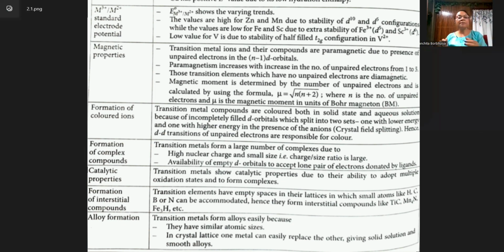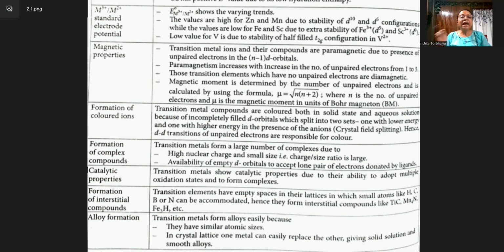Formation of interstitial compounds. Interstitial compounds are the compounds which are formed in the lattice spaces of the metals on the surface. Small elements like hydrogen, boron, carbon, nitrogen can come and fit inside the interstitial spaces of these transition metals. Compounds like titanium carbide, manganese nitride, and iron hydride are interstitial compounds which could be formed on the surface of the transition metals.